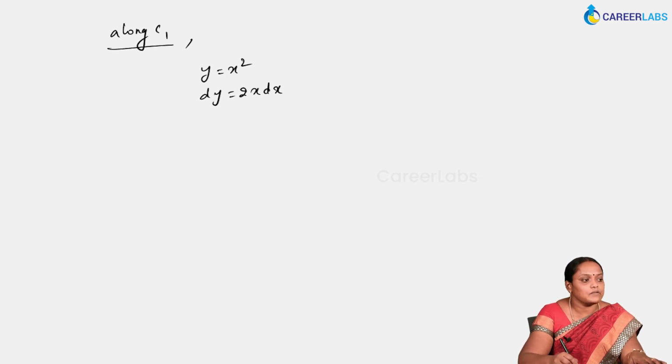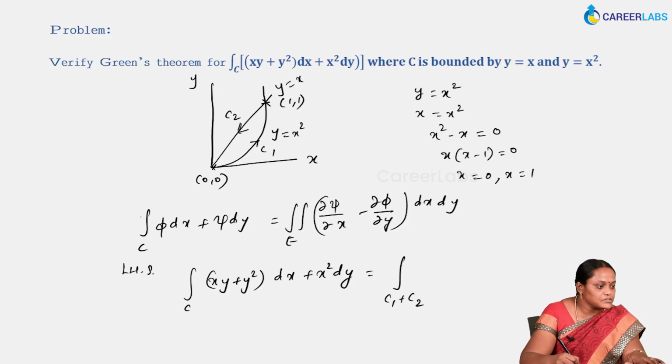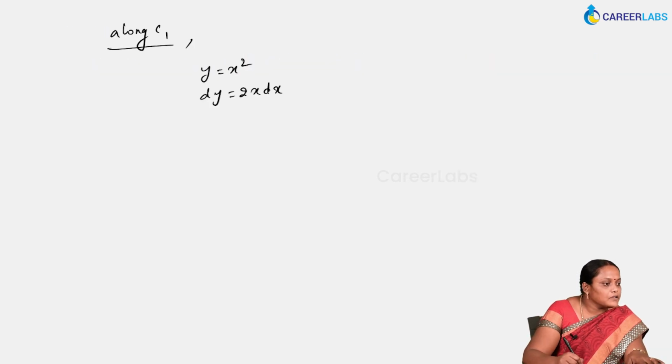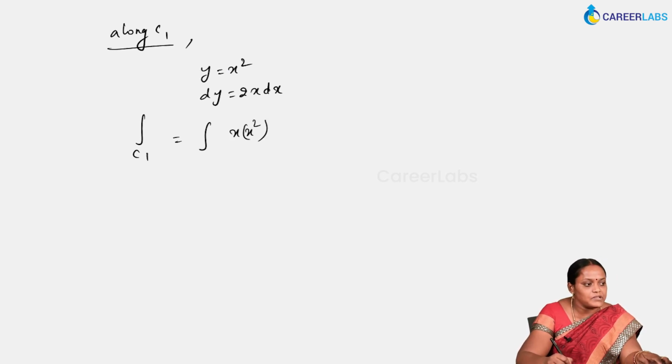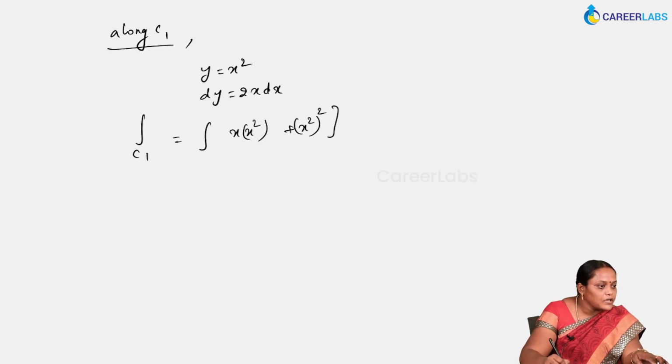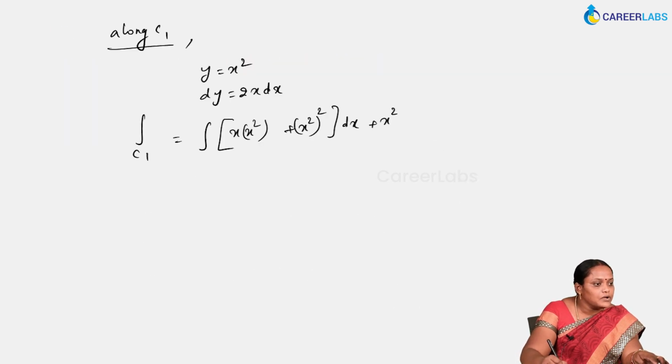Wherever you have y, that can be replaced in terms of x with the help of y equal to x square. So the integral over C1 is the integral of x into x square plus x square the whole square, into dx, plus x square into 2x dx.